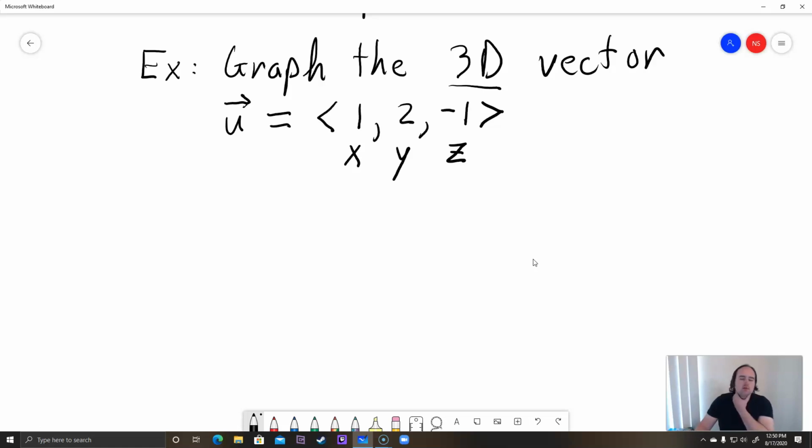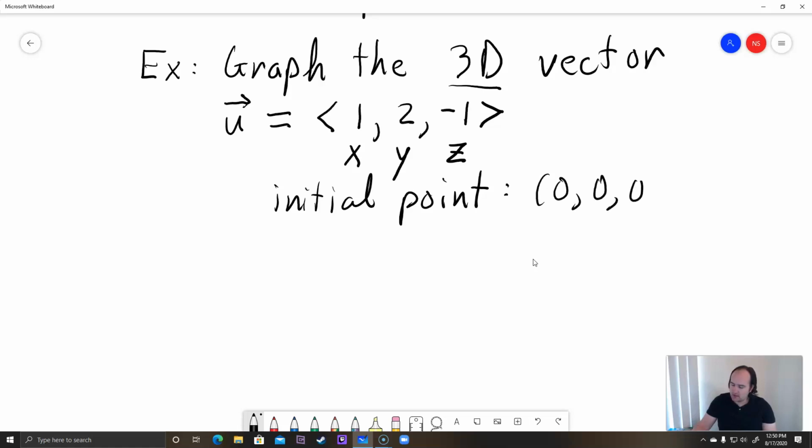So what's the initial point going to be? Well, when it's written as a position vector or in component form, the initial point is always the origin. But because this is a 3D vector, the initial point is going to be 0 comma 0 comma 0, because there's three dimensions. And then can anyone guess what the terminal point is going to be? If this were a live class, I would ask you.